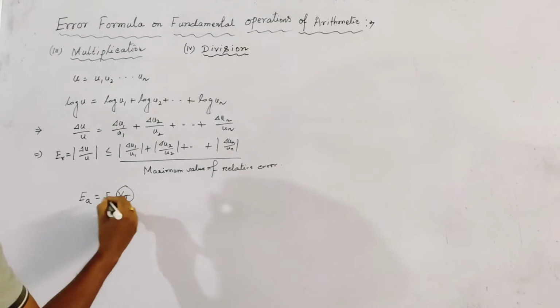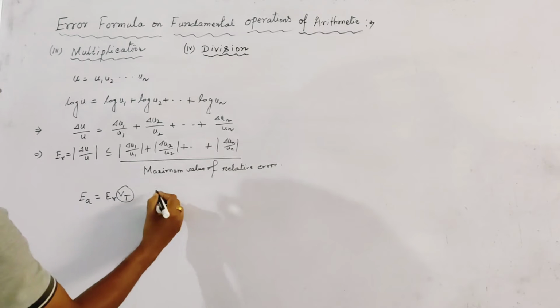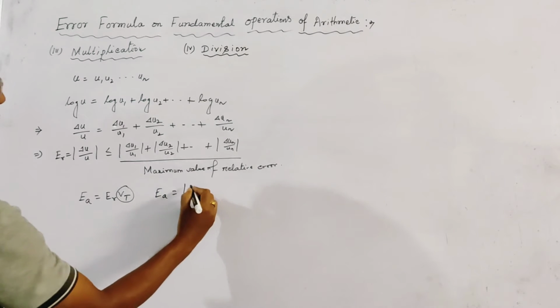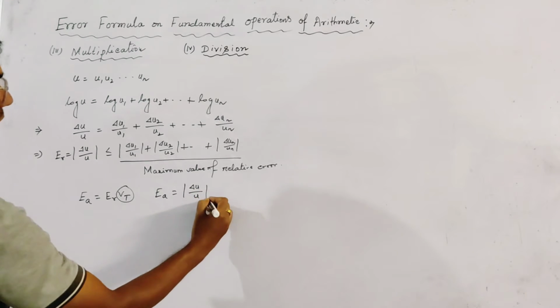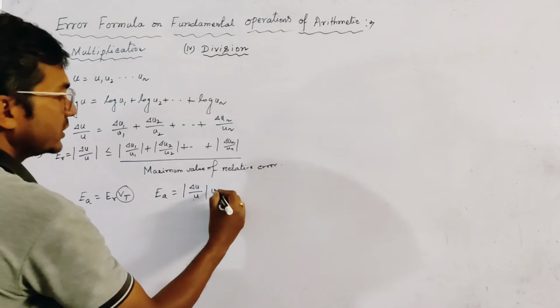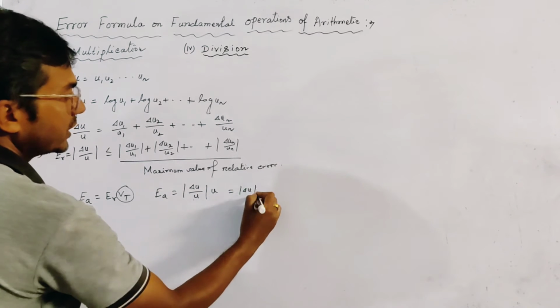So we get the maximum value of absolute error EA = mod of delta u by u into the true value u. The u cancels out, giving mod of delta u.